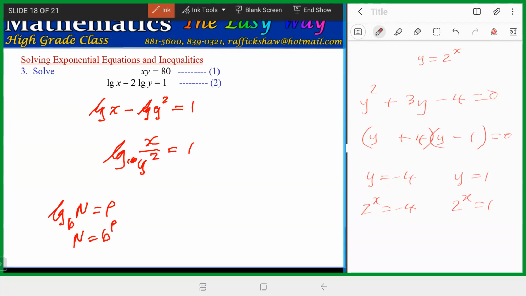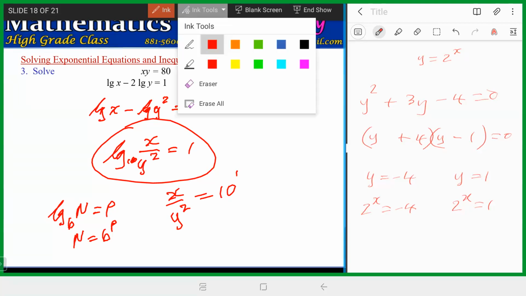When the log of a number equals 1, the log of a number to its own base equals 1. So this simply means x over y squared is equal to 10 to the power 1, which is still 10. I can take out the power 1 here.